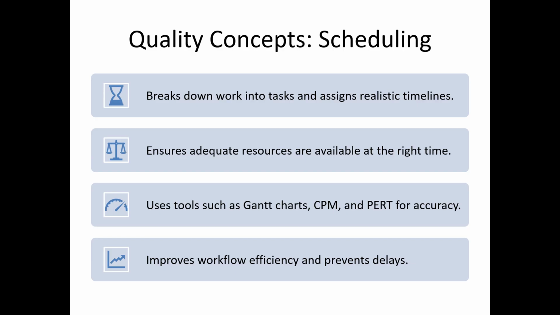Project managers often use tools like Gantt chart, critical path method, and PERT analysis to build accurate and flexible schedules. A well-designed schedule improves workflow efficiency, prevents delay, and helps teams stay coordinated throughout the project.